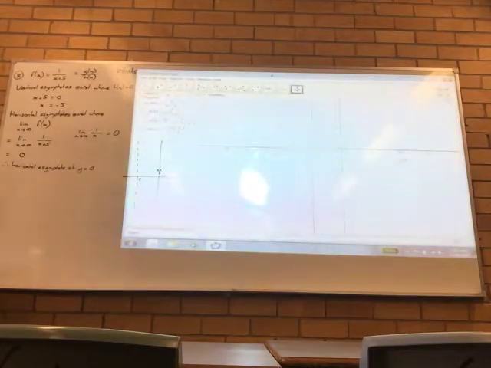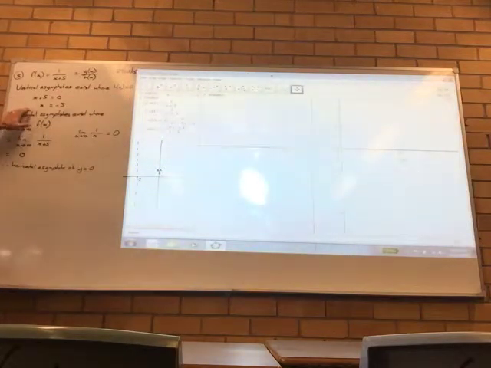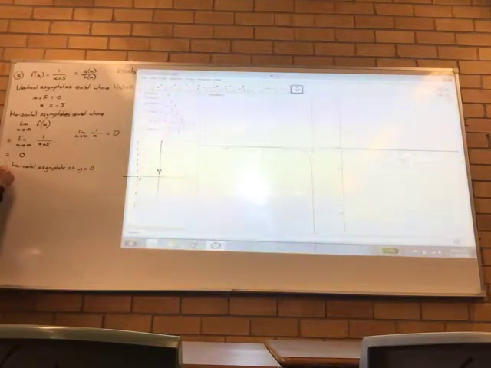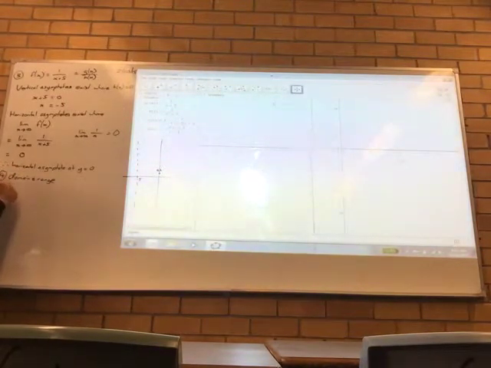The values where h of x equals 0 will tell you the restrictions on your domain. And the value the original function approaches as x approaches infinity will be your range. So 4: domain and range.